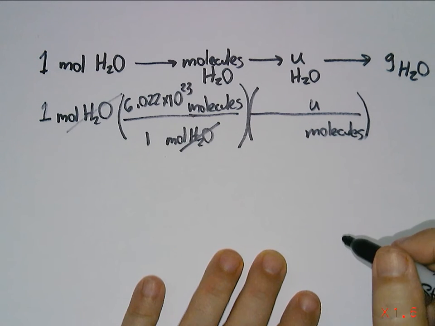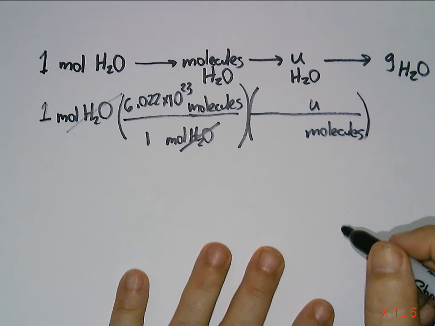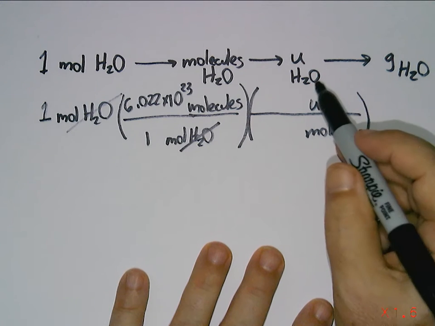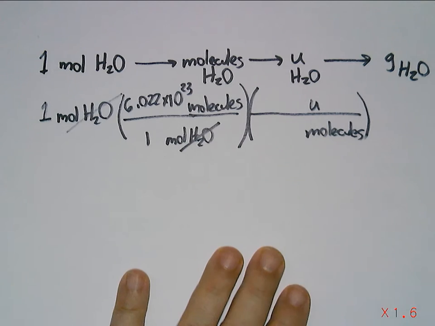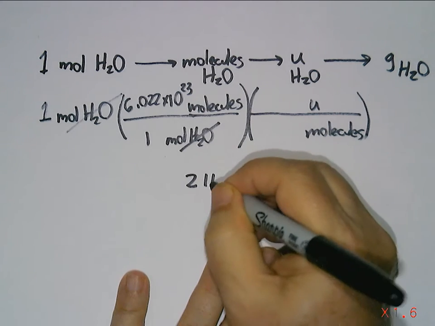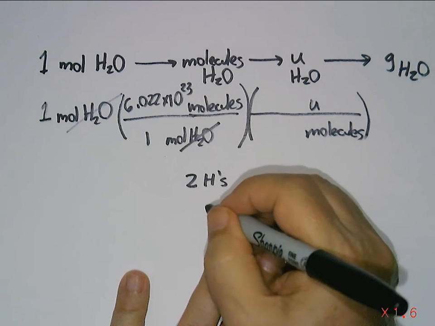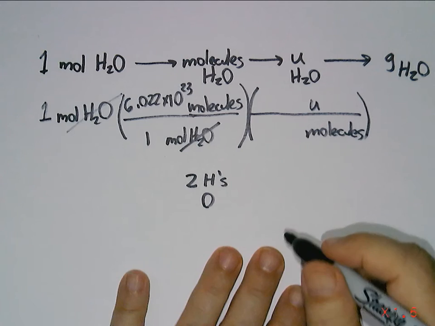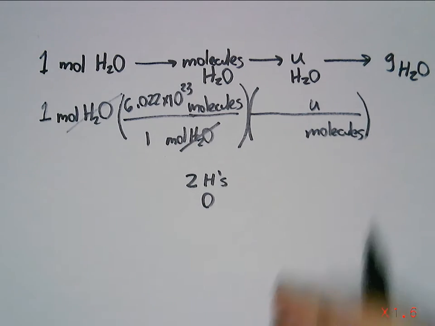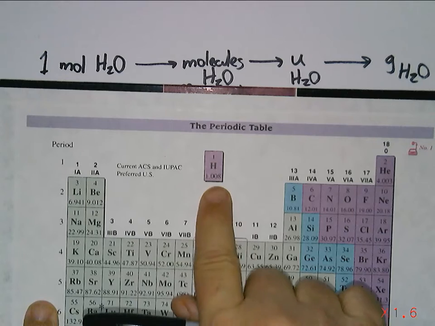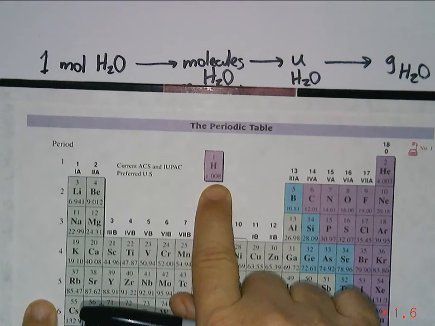Well, we figured this out in the last frame. If you add up the masses of all of the stuff that is in water, we've got 2 hydrogens, and we've got 1 oxygen. And if we add the masses of those things up, we'll get the mass of a water molecule. On this table, hydrogen is 1.008.